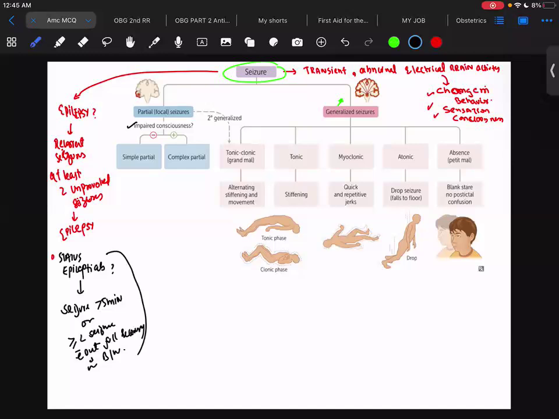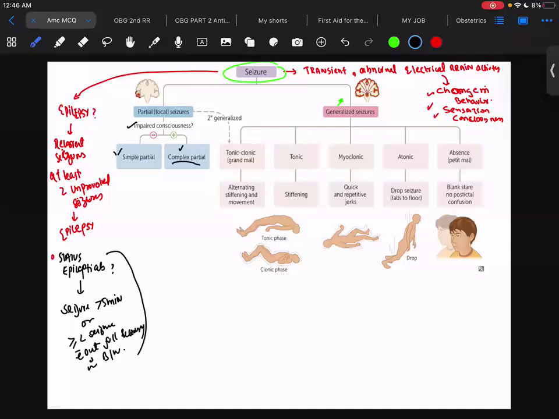He is unconscious, having impaired consciousness about the movement of the hand. If the patient is having impaired consciousness, that is what we call complex partial seizure.